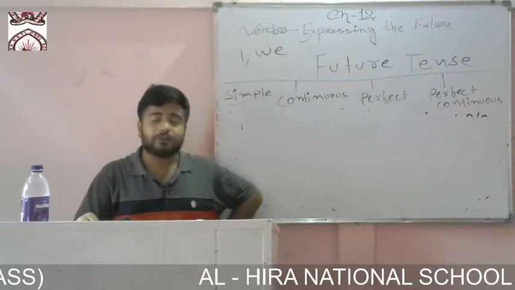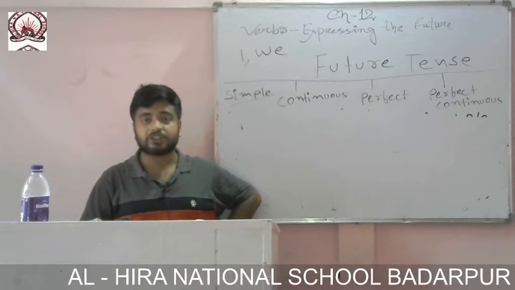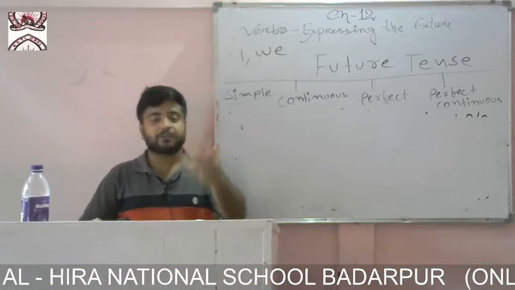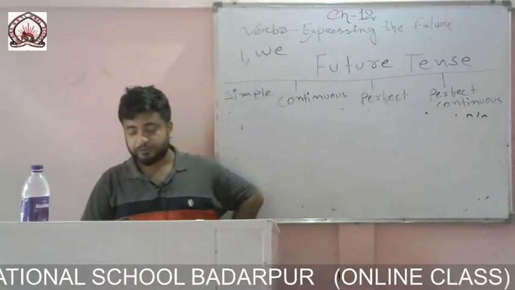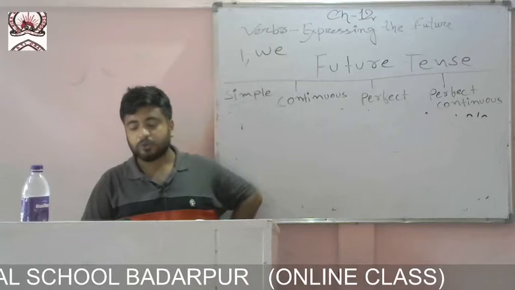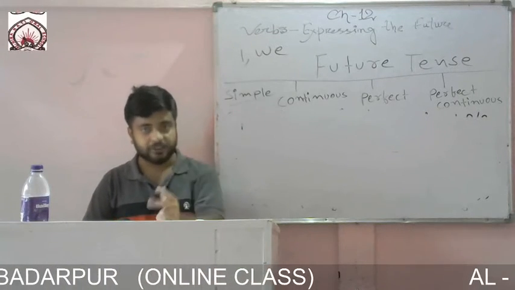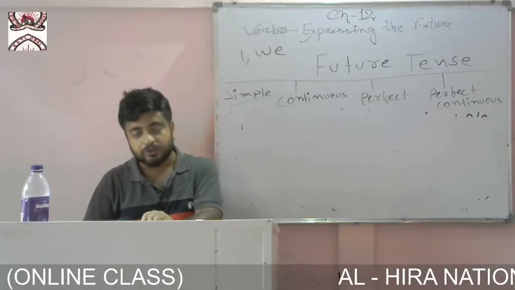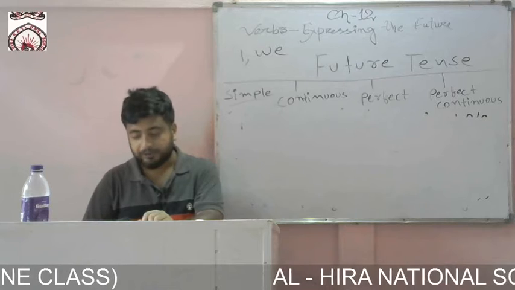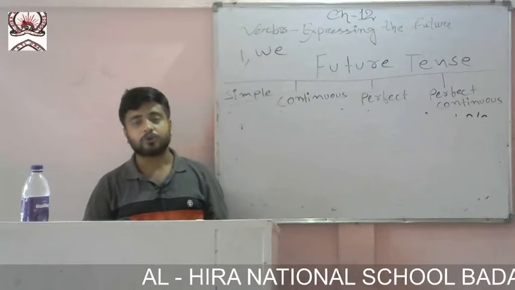future perfect is also like this. That means when two actions will take place in future, for the first action we have to use future perfect, and for the second action we have to use present indefinite.